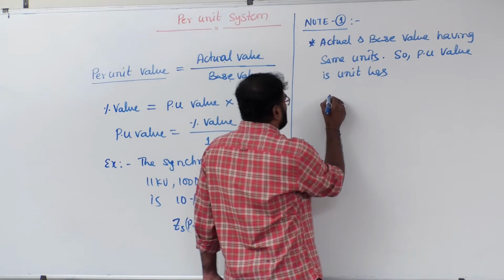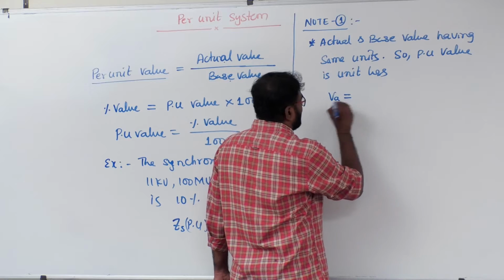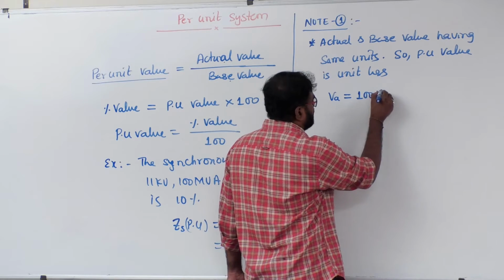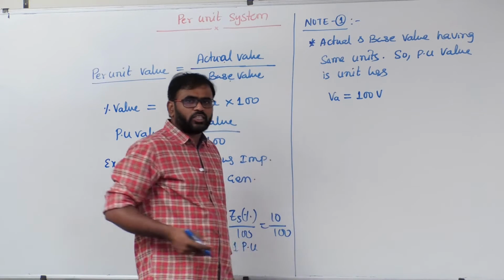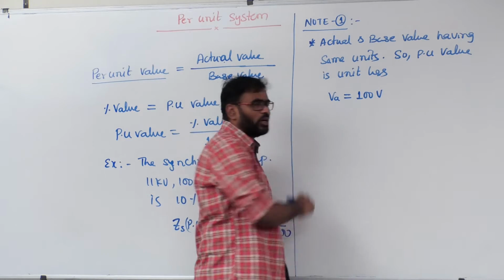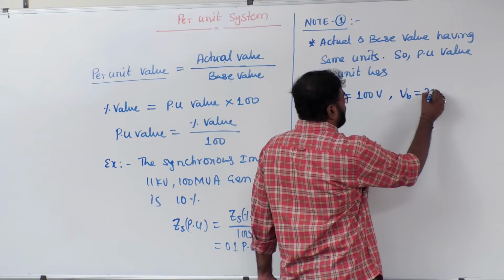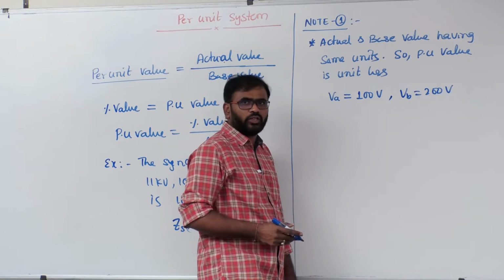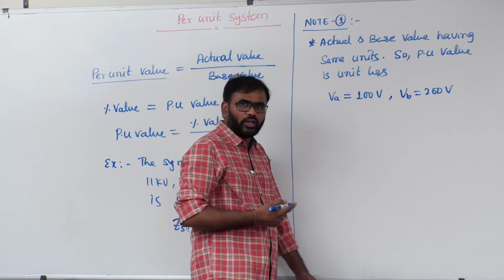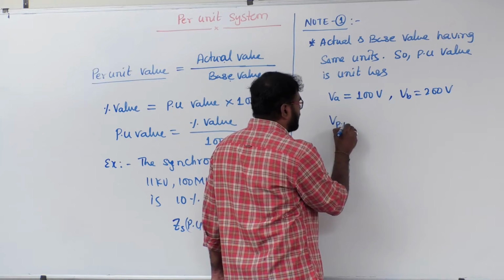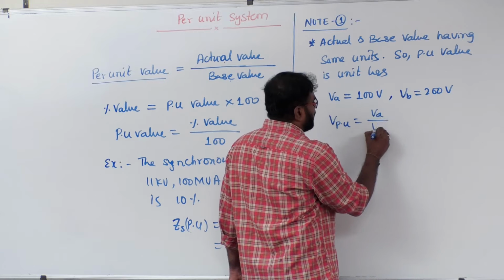For better understanding of this, let's say the actual voltage of a network is 100 volts. For example, in a distribution network, the actual voltage is recorded as 100 volts. The base voltage, for example, I consider as 200 volts. Now tell me what is V per unit? V actual by V base.